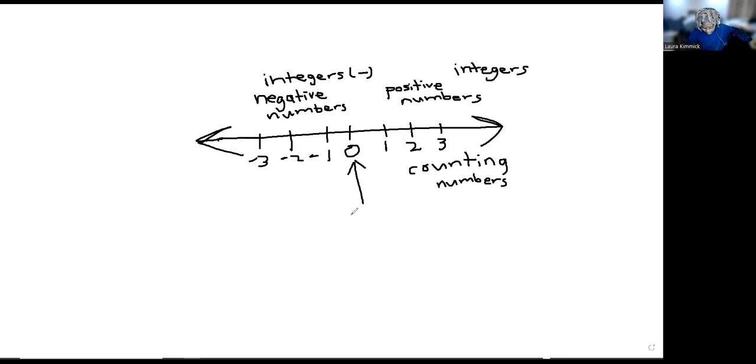Okay, so like I said, it's a non-negative integer. An integer is a number. Another way to put it is 0 is neither negative nor positive. Okay, so that's a non-negative integer.